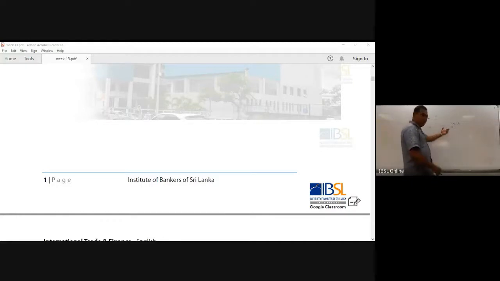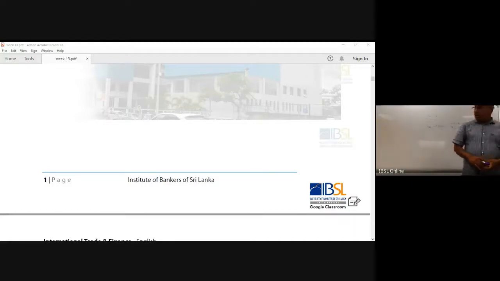Now you know the storyline, no? Day 1, LC is established for $200,000, favoring beneficiary A, and which was received by the beneficiary on day 2.